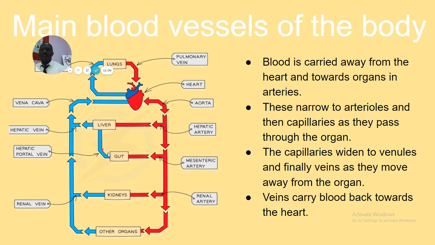Then down here, from the digestive system, which we call the mesenteries, or the gut, those are the small intestines. There is a blood vessel coming from this intestine and going up.